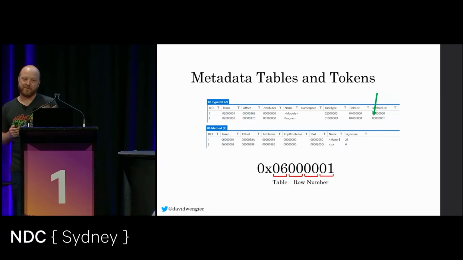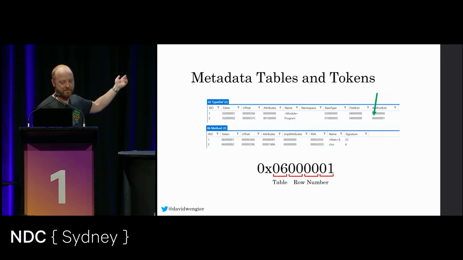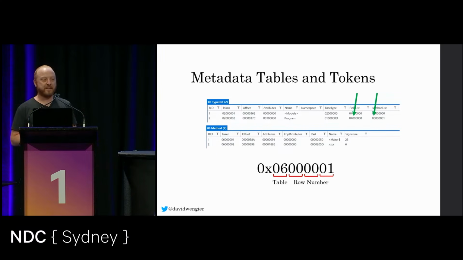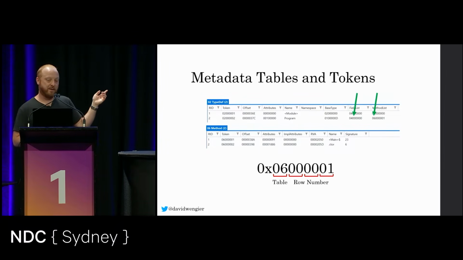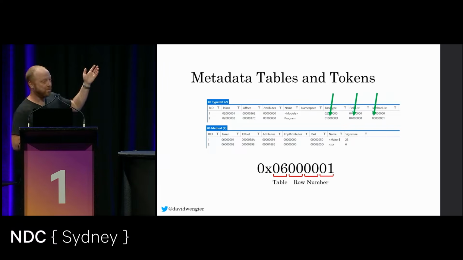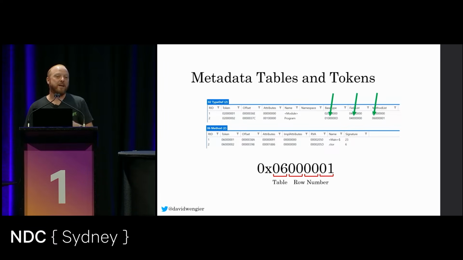We could know the type from the ID, right? 06, that points to the method table. See this field list? That's 04, 0, 0, 0, 0, 0, 0. There's no fields in this type, so there's no row 0. 0 means nothing. But 04, I don't know, because I haven't read the spec, but I suspect the field table is table 4. If we look at base type, 01, 0000D.